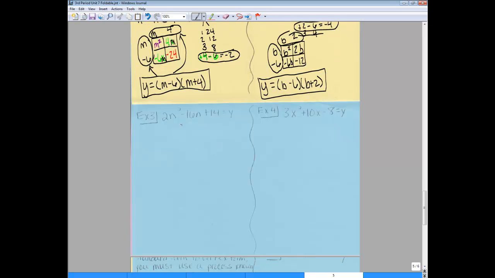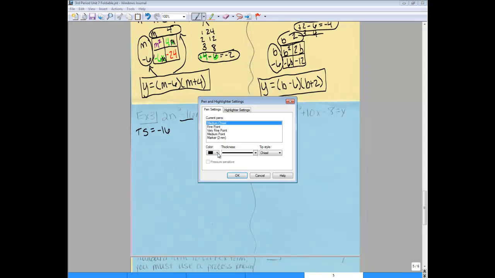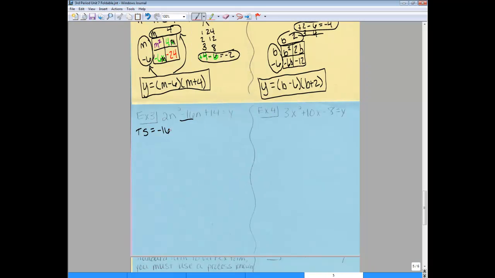Next ones, now we actually do have a values. So our target sum is still just negative 16. Our target product comes from our 2 times our 14.